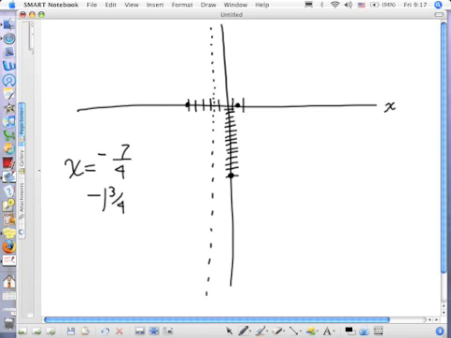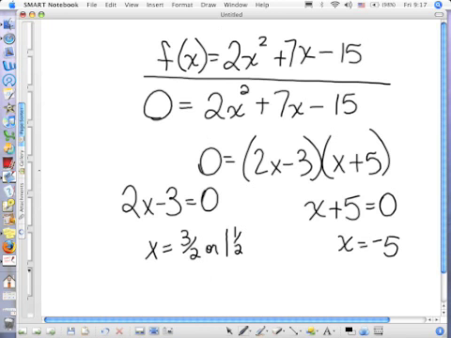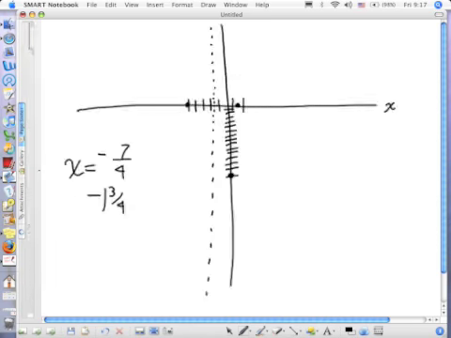How do I get the y-intercept? Y-intercept is C. It's always C. Okay? Now that we know that our axis of symmetry occurs here, how could we find the vertex?